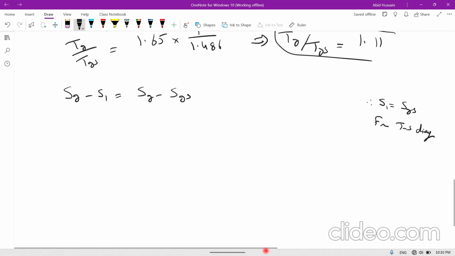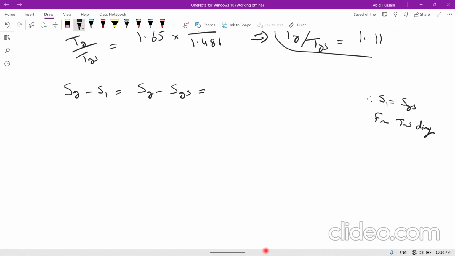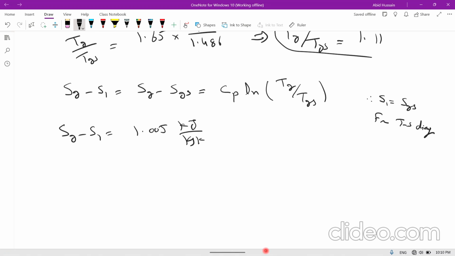So S2 minus S2s, for a constant pressure process, is equal to Cp natural log of T2 divided by T2s. The value of Cp for air is 1.005 kilojoule per kilogram per Kelvin.